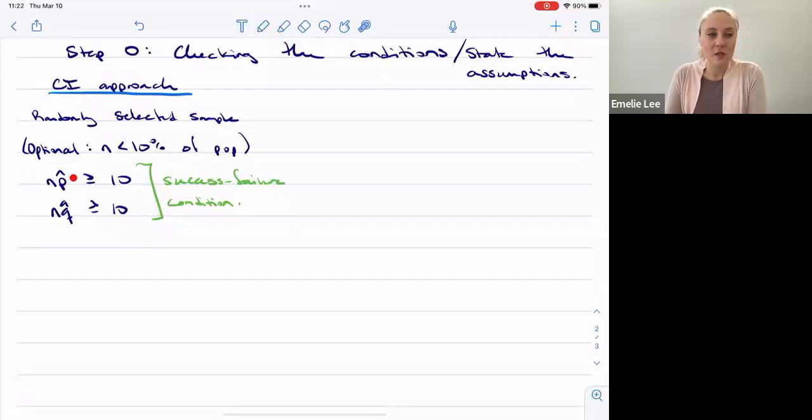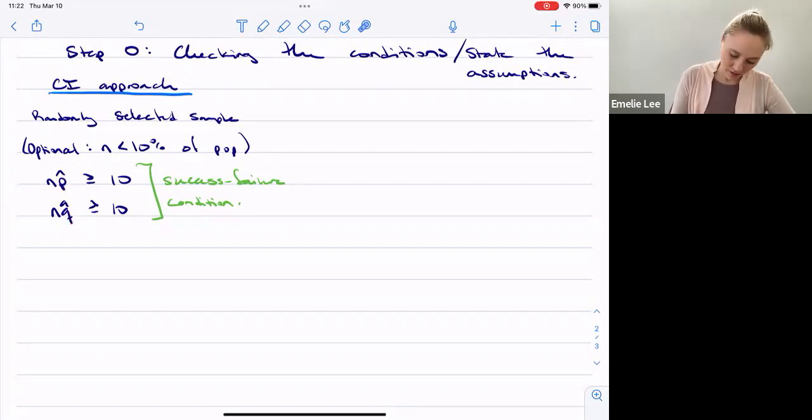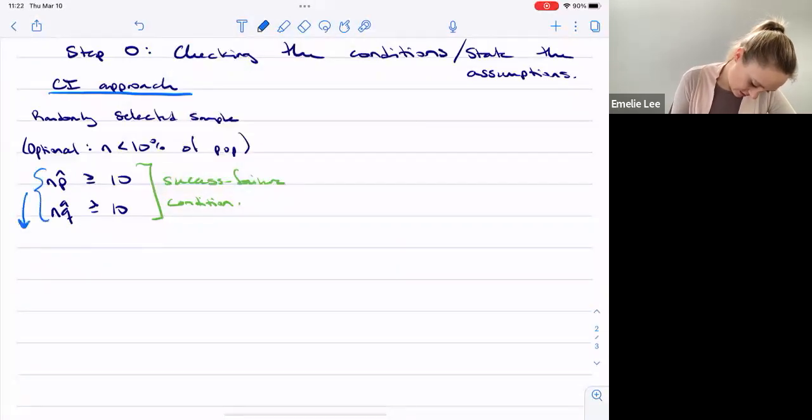N P hat is the observed number of successes, and N Q hat is the observed number of failures, right? So in this case, these are the observed successes and failures.